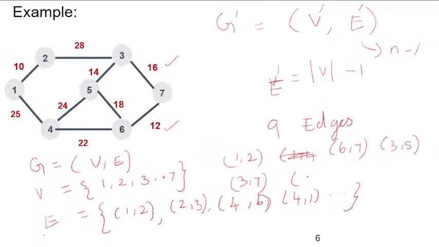Okay, the next one is 4 comma 6, then 4 comma 5, then 1 comma 4, the last one is 2 comma 3. That's it. So you have to sort the edges.